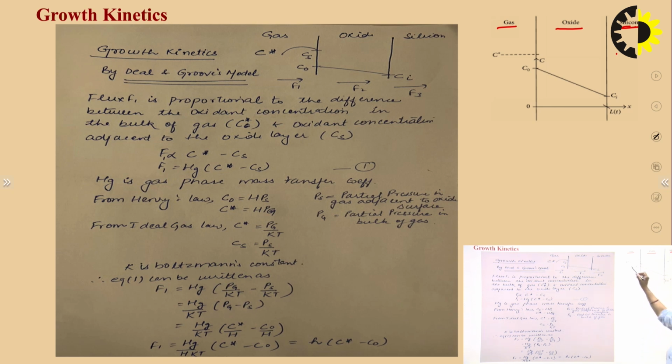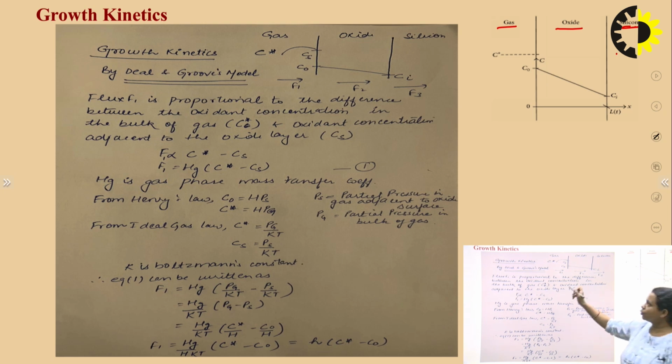There is some oxidant moving from the gas to the oxide, and then from the oxide to the silicon. We are going to study this movement. Kinetics means how they are moving from one place to another, and what values they take while moving through different phases. That is what we are going to study here, right?